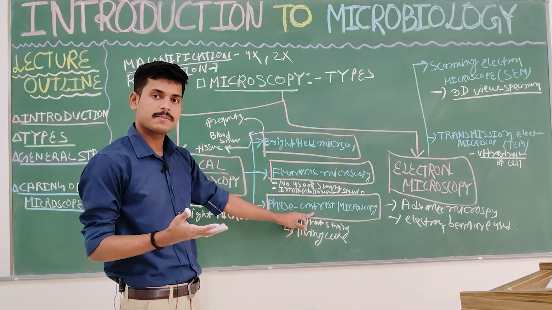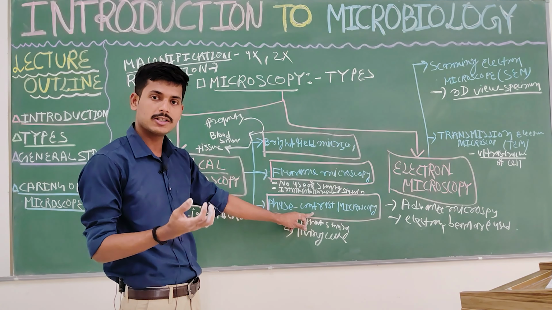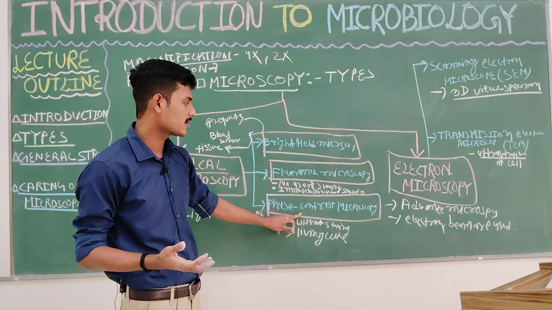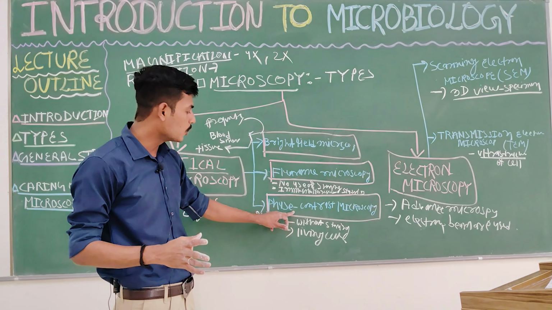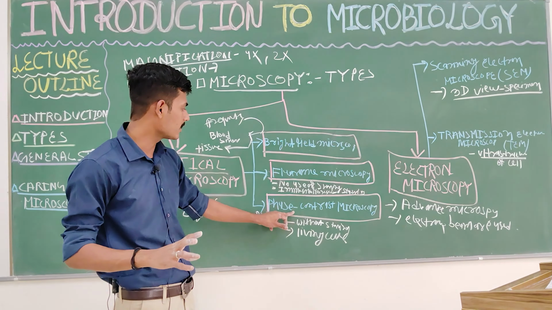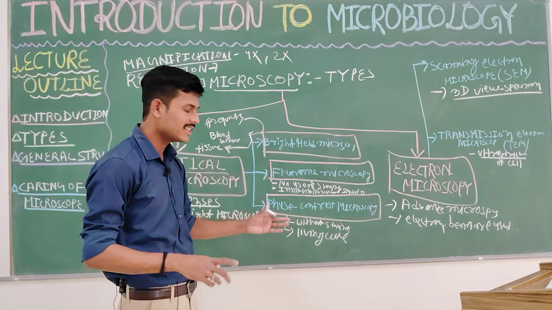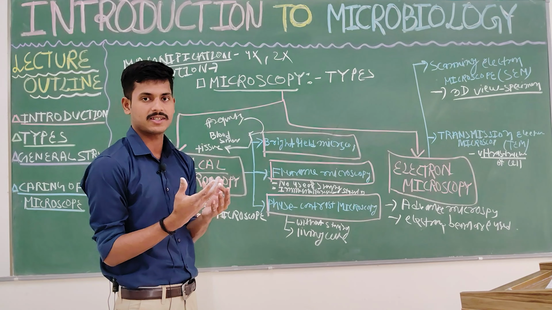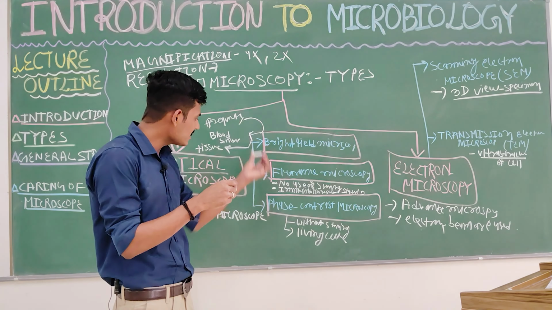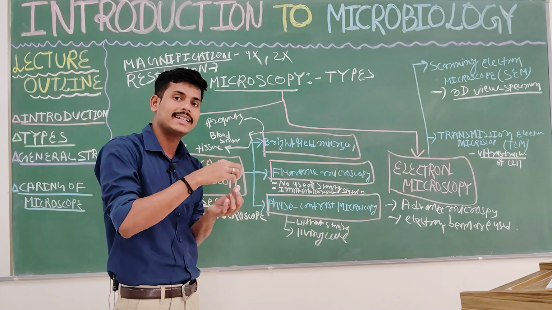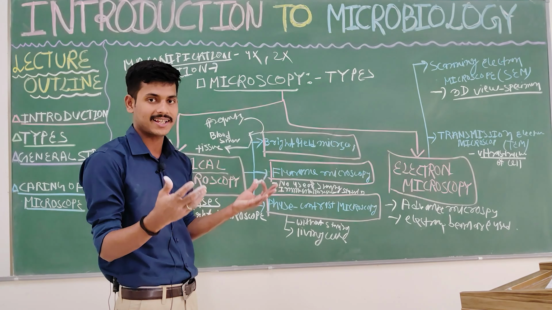The transparent specimens will show color when we use this phase contrast microscope, because it holds a special kind of lens. And we only see the specimen superficially. These microscopes are not able to show the internal structure, which is called the ultrastructure.